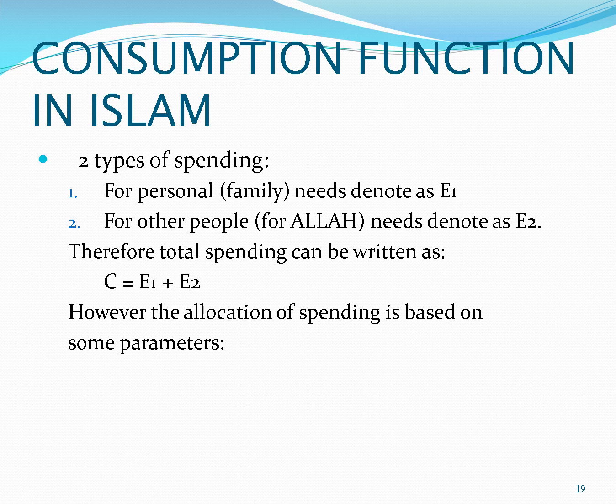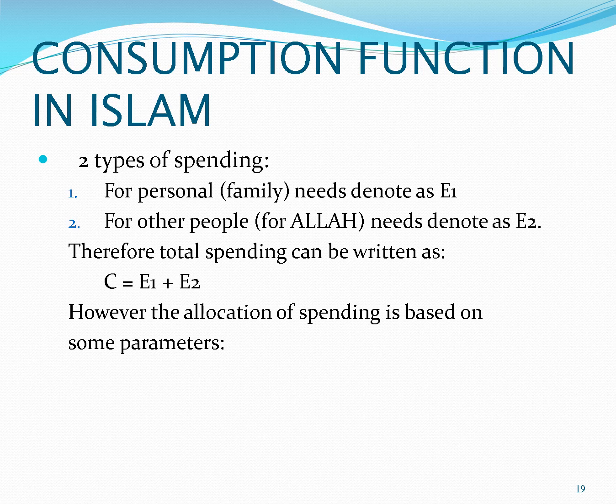So one is for your family or your needs, and plus this is for Ruhaniyah or Akhirat, for Allah or God, and then for other people's needs. E1 plus E2. So the Islamic consumption function says that C is equal to E1 plus E2.